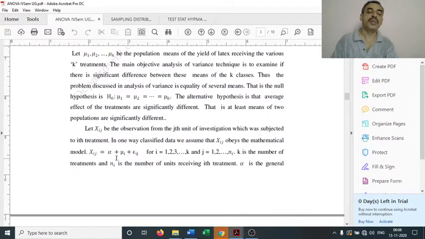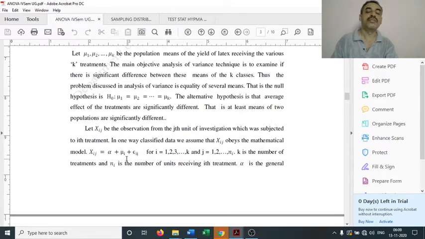and their common effect is taken as alpha. As in the present case, we assume that the only factor influencing the yield of latex is fertilizer, and for the ith fertilizer, its influence is represented by mu_i. That is the average effect of the ith fertilizer. Even though the fertilizer is the same for all plants receiving the ith treatment, the total observation value will be alpha plus mu_i, but that is not the same for all the units receiving the ith treatment.